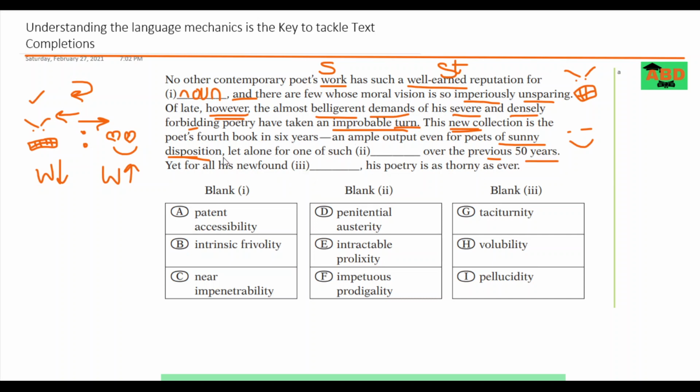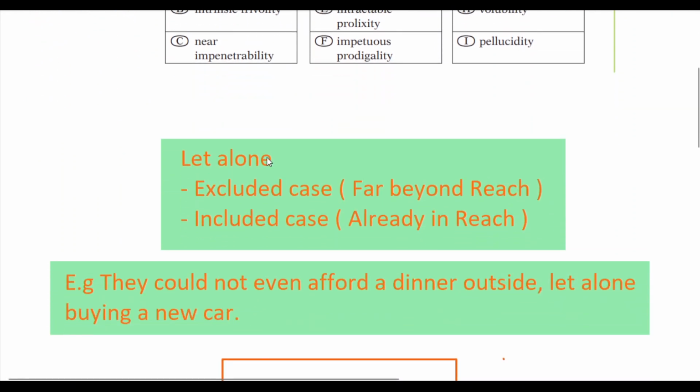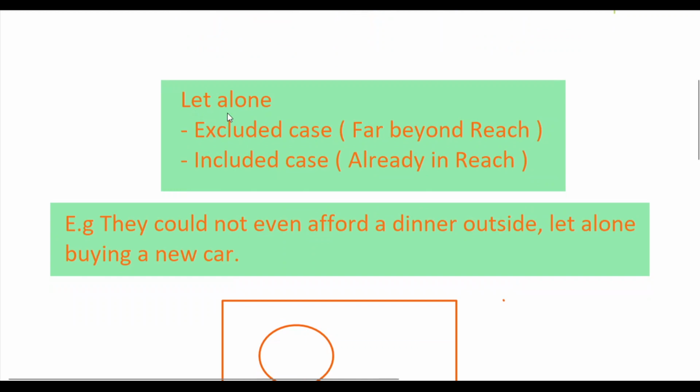So I think before we guess what this blank could be, we really need to understand what "let alone" really is and how its language mechanics work. So if you come down over here, I have described what "let alone" really is. The way "let alone" works has two possibilities.